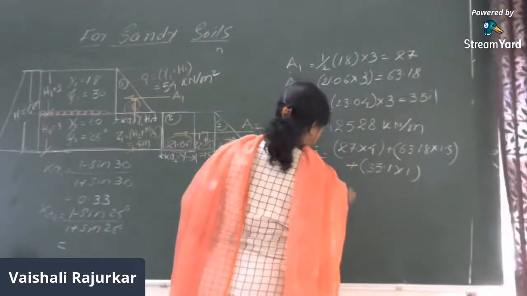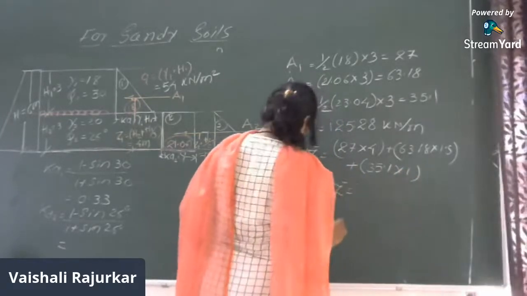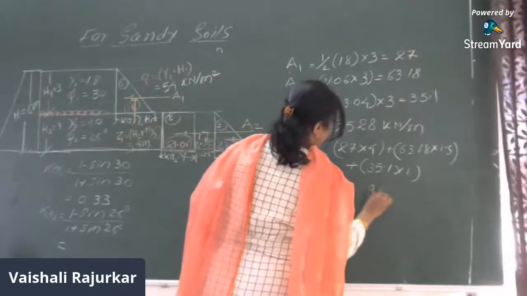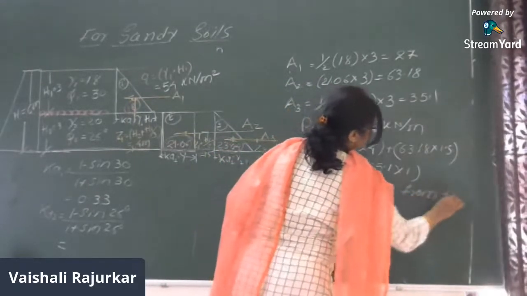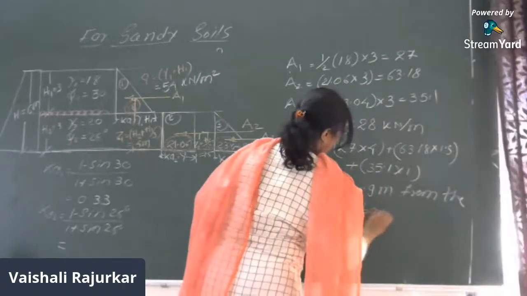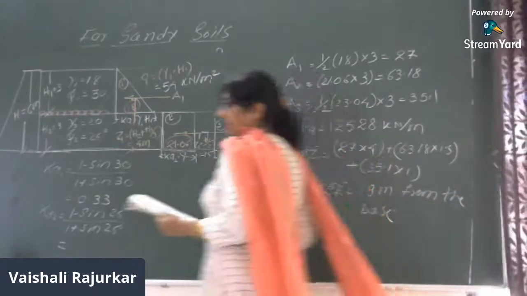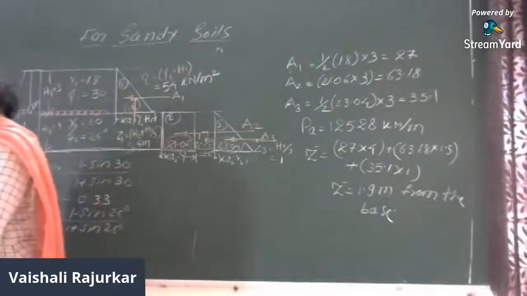So Z bar is found to be 1.9 meters from the base. Right? So it will be this distance.